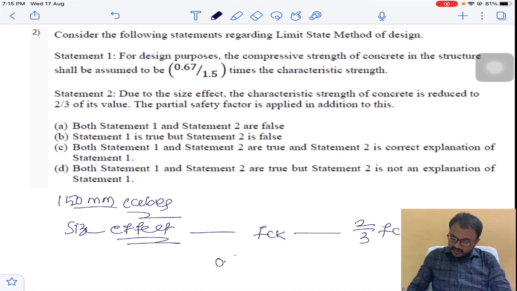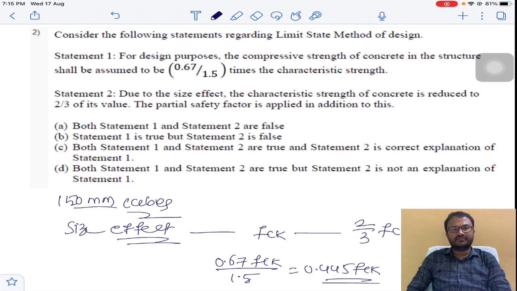So you get 0.67 fck divided by 1.5, which is 0.445 fck. So because of size effect, we reduce the characteristic strength of concrete to 2/3, and again to this we apply a partial factor of safety: 1.5 for concrete and 1.15 for steel.